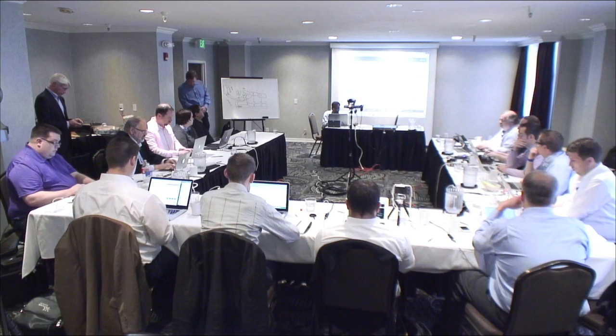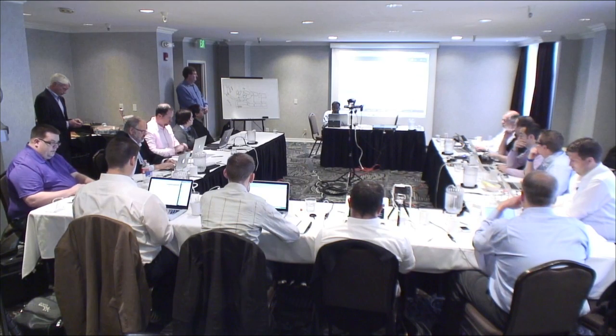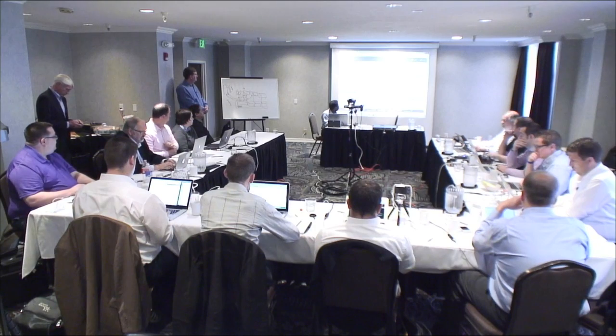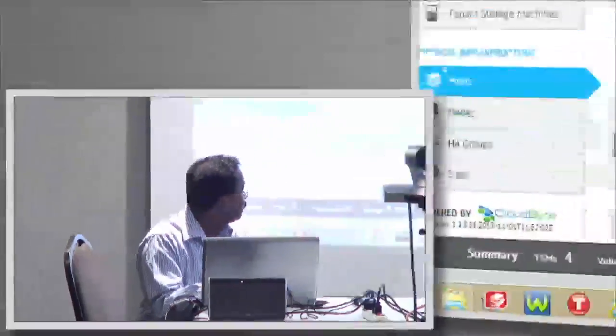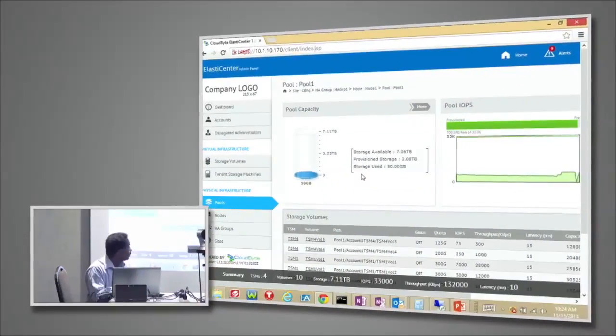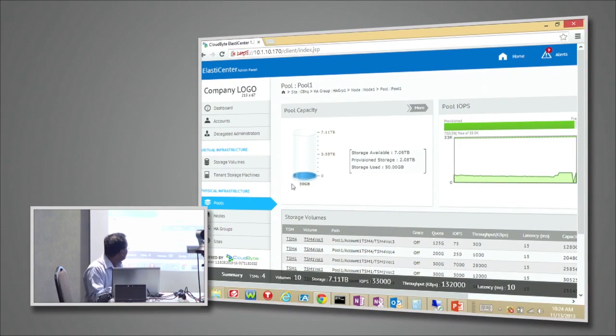So under the pool, it gives analytics in terms of what is the total capacity, what is the capacity provisioned, and what is used. As Michael mentioned, we support thin provisioning. So you can clearly see how much of the provisioned storage is being used, and if you are reaching its max, you get alerts.